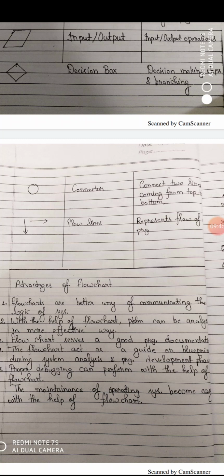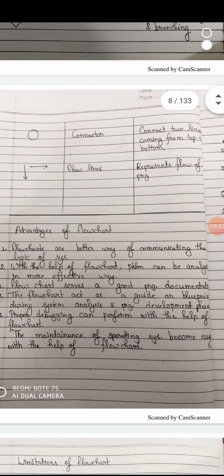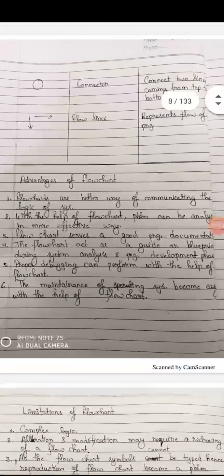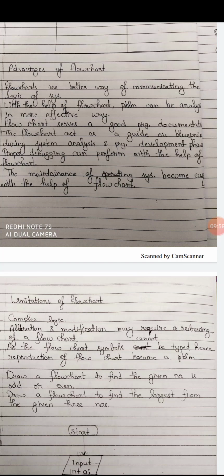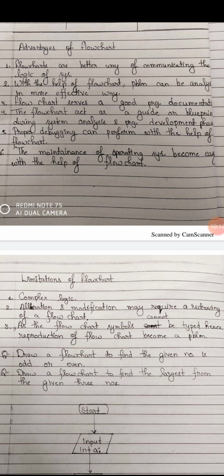But apart from all these advantages, the flow chart has some limitations also. Suppose we need to change some steps in our flow chart, then we need to redraw it, because the blocks of the flow chart cannot be typed.